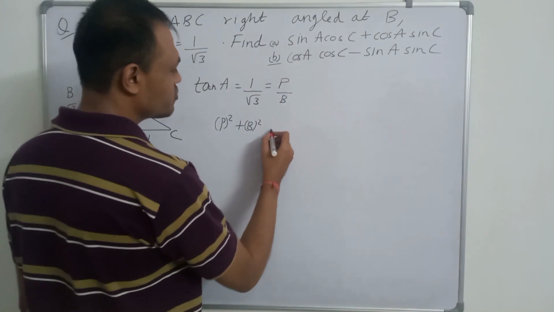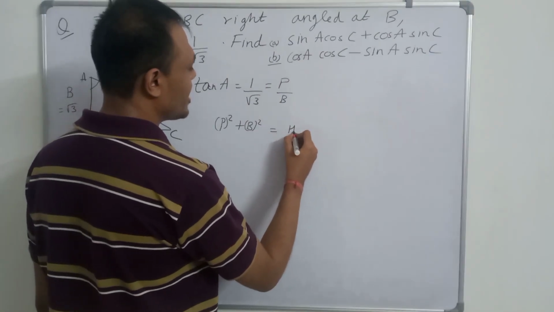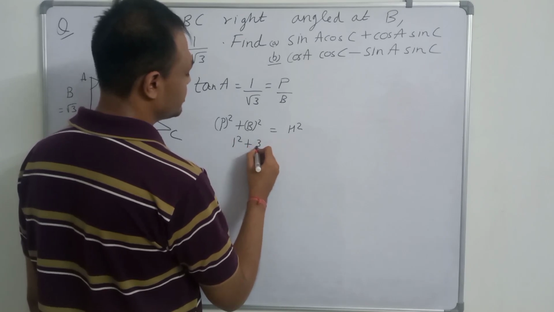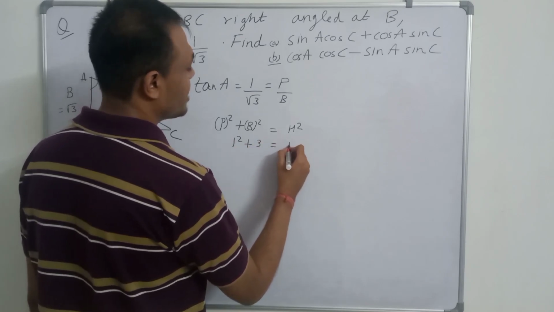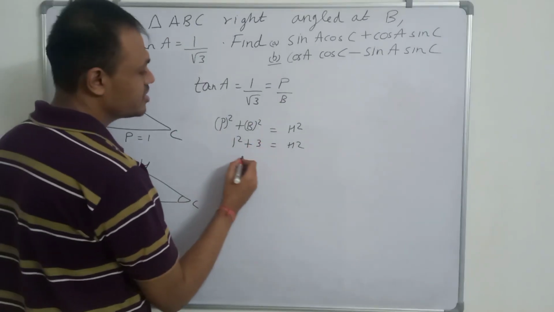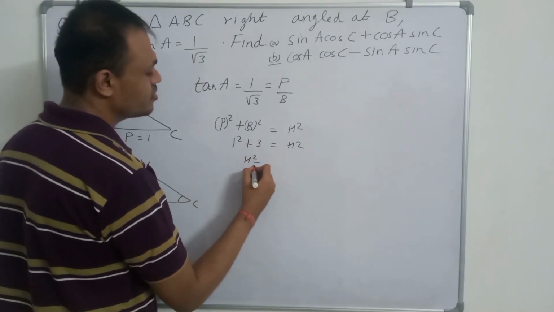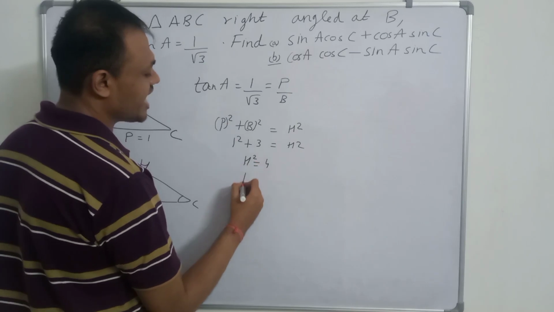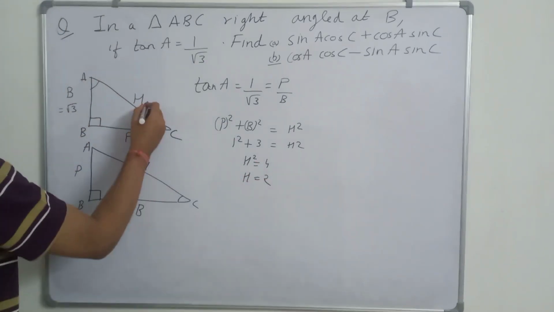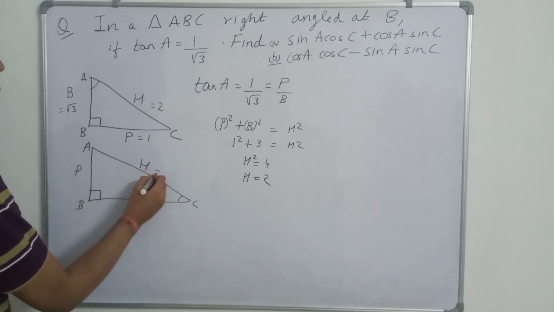So 1 square plus 3 equal to hypotenuse square, because under √3 whole square will be equal to 3. So hypotenuse square is equal to 4 and hypotenuse is equal to 2. Here also hypotenuse is 2.